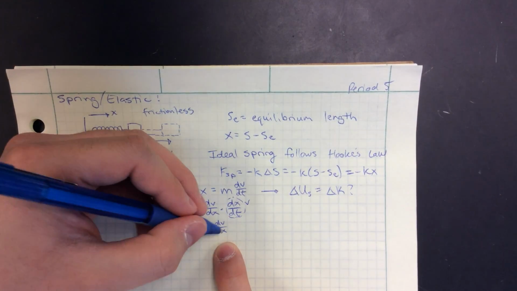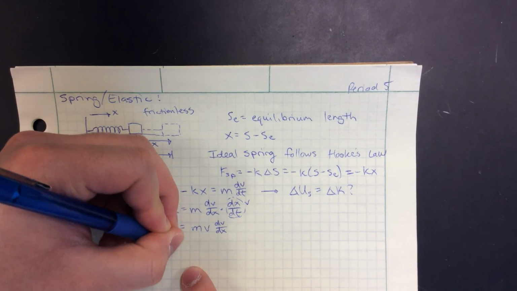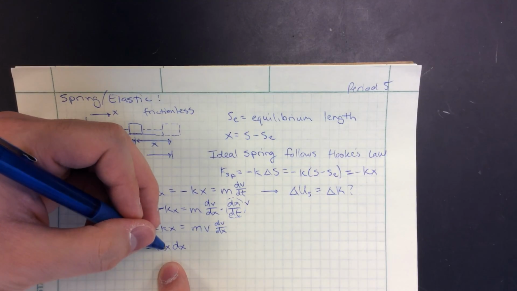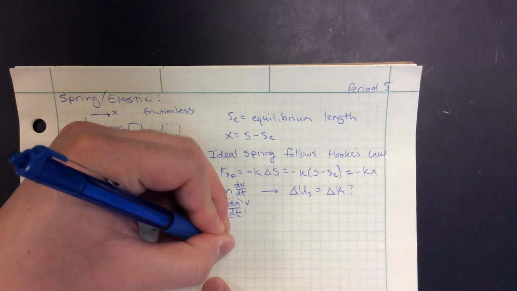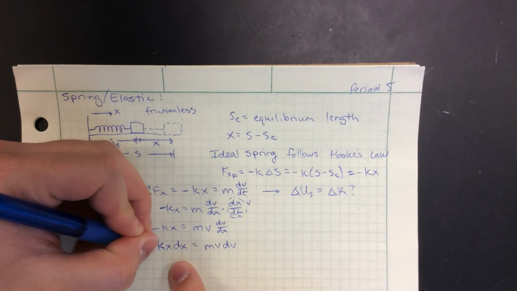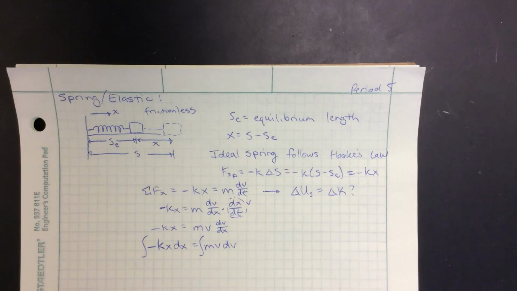And so I'm going to put the dx on the left-hand side so that I look at how the contributions of my spring force over each position cause my changes in velocity and momentum. So from here, I'll integrate both sides.